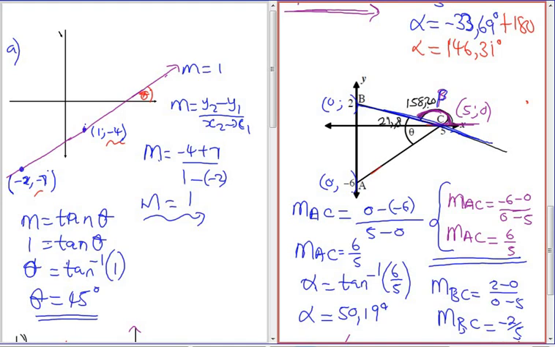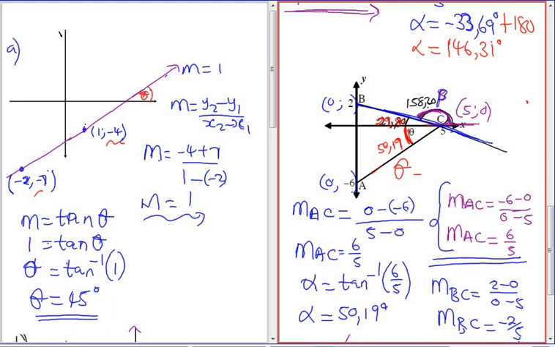I think it becomes clear now what we do to get theta. To get our theta in this situation, all we have to do is put that angle that we got initially. You remember this angle that we got initially? It was 50.19 here. And then now we also got 29.80 over there.